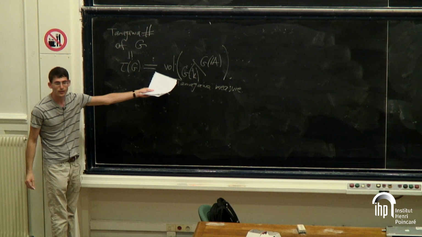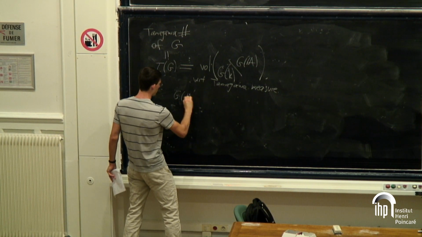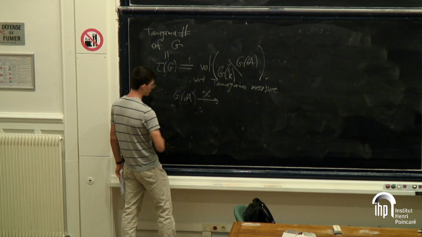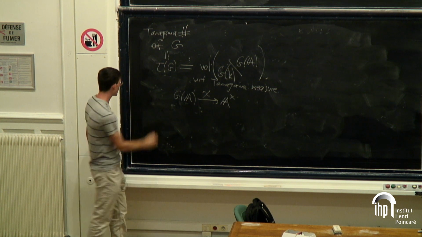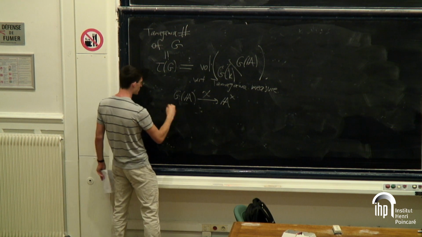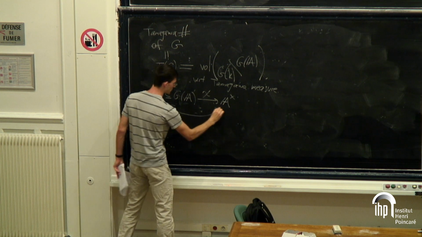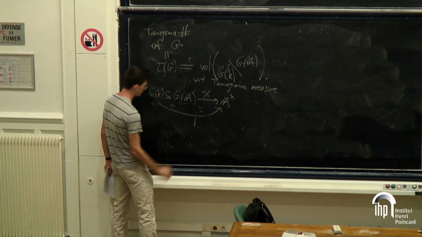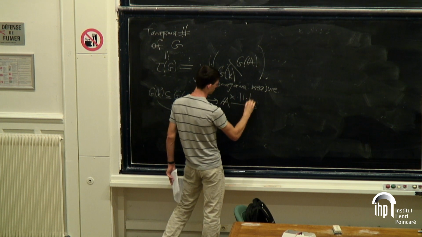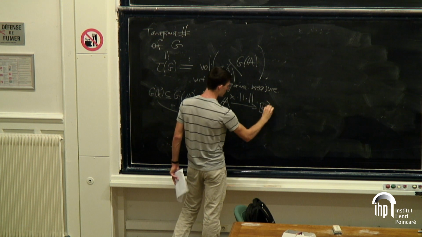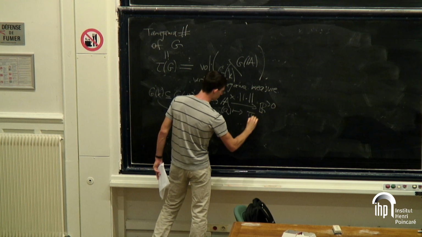Again, I'm sort of lying here. If G has non-trivial characters, you have a problem, because a character chi induces a map from the adelic points to Gm of the adeles, which is the ideles. The kernel of that contains G of k. The composition with the norm map to R plus sends an adele to the product of the absolute values.